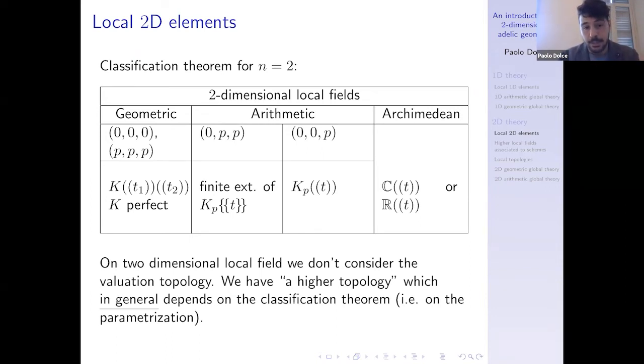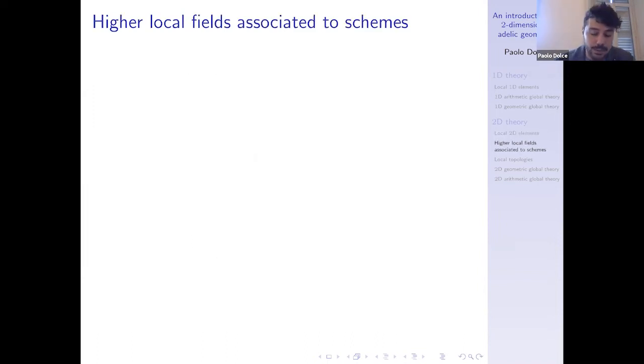In general, this topology depends on the isomorphism, on the parameterization, but in some cases it doesn't. For example, in the case of mixed characteristic, this topology doesn't depend on the isomorphism you choose. But the point is that if you want to correctly put a topology on abstract higher local fields, you have to go through this table. So this is the theory of abstract two-dimensional local fields, of course in a very short way. But now I will tell you how to associate two-dimensional local fields to schemes.